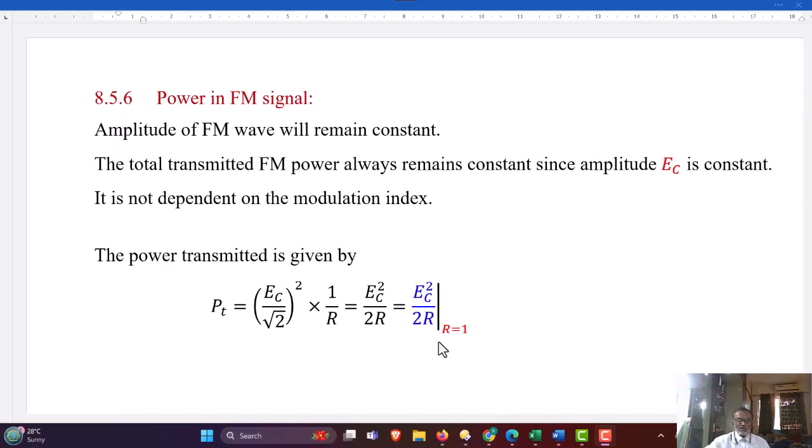The power transmitted in the form of modulated signal is EC square by 2R. When R is 1, this becomes equal to EC square by 2.